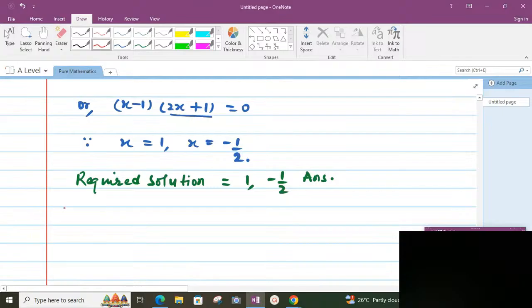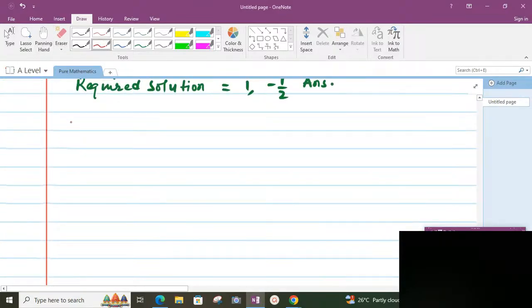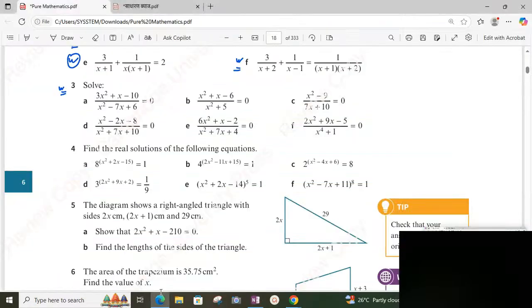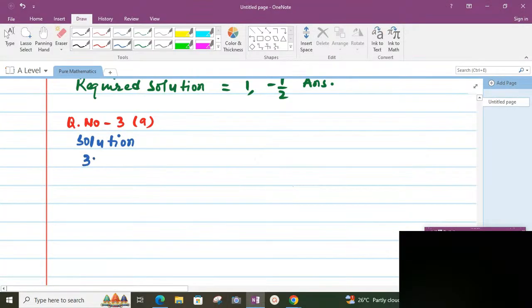Question number 3 to A. Let's see the solution. 3x square plus x minus 10 equal to 0.